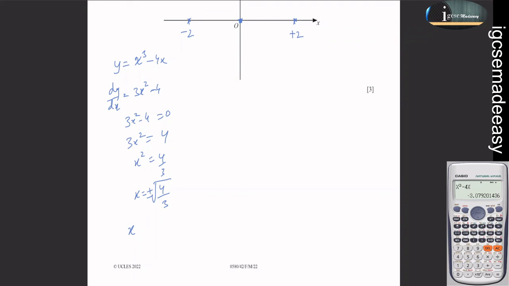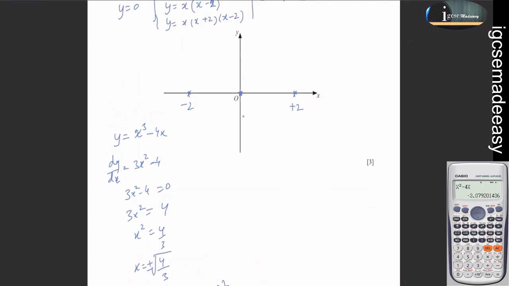If I take plus of root 4 by 3, then I'm getting an answer that is actually minus 3.07, right? So when I took x as plus under root of 4 by 3, I got the minimum turning point, that is equal to minus 3.07, right?